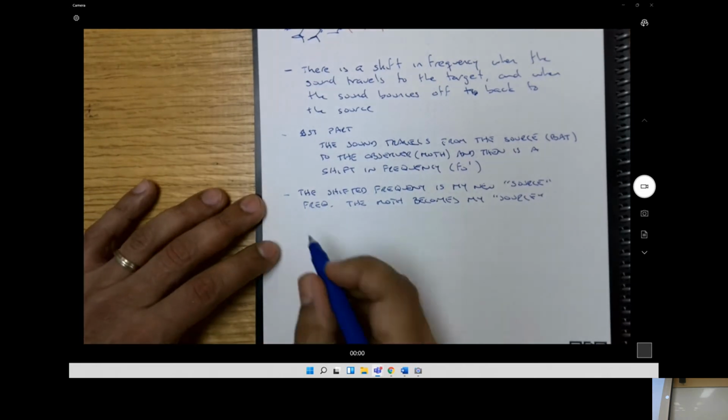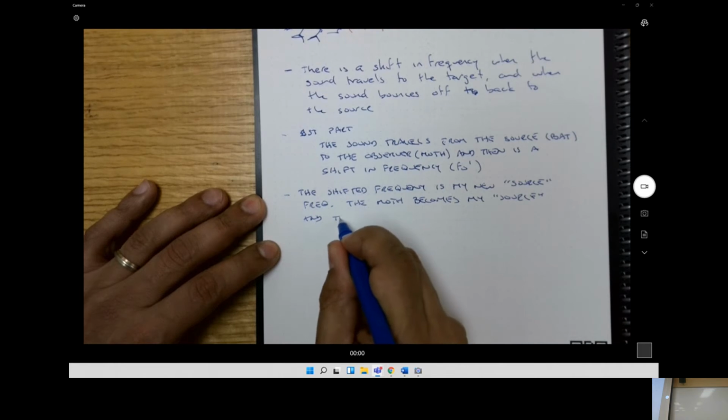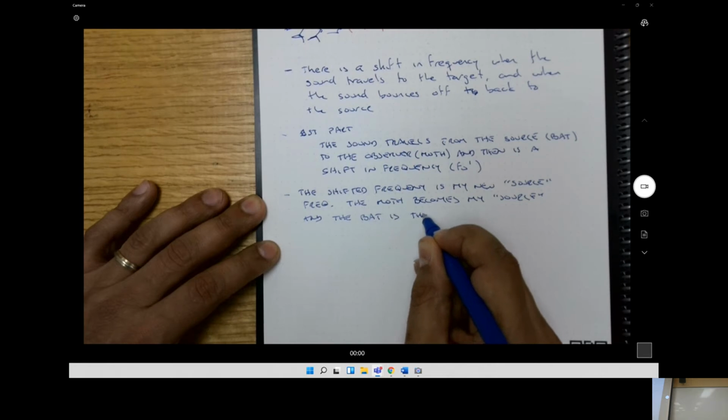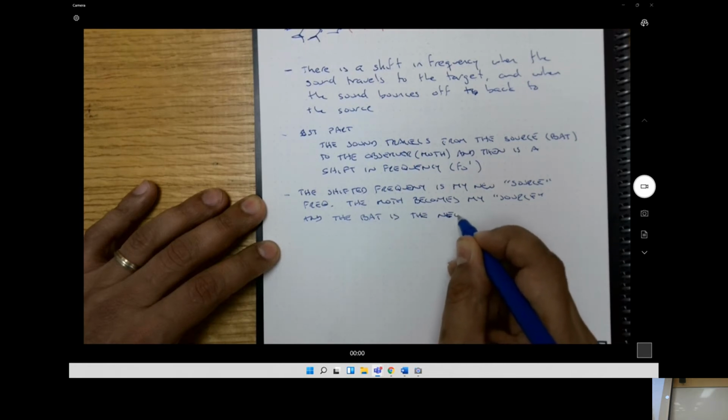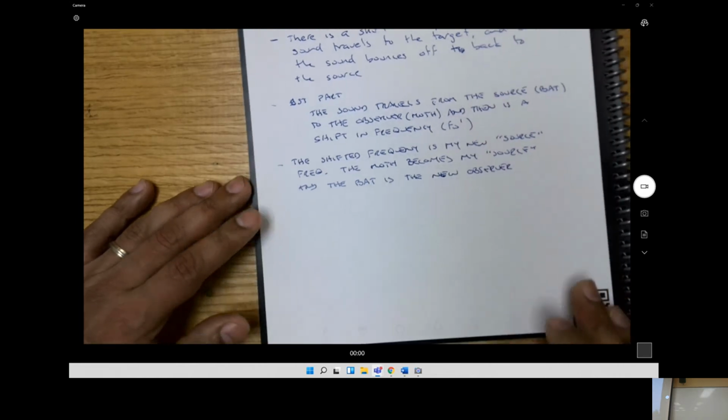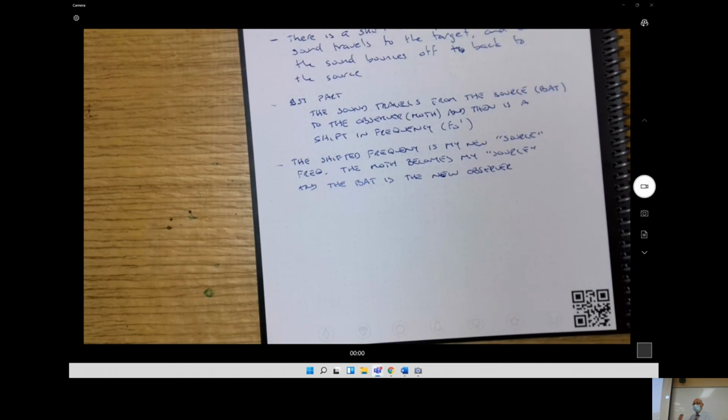The moth becomes the source, and the bat is the new observer. And I need to apply Doppler effect once again. Okay, make sense? Yeah. Okay, I thought you were saying like slow down. No. Yeah, makes sense. Ish.